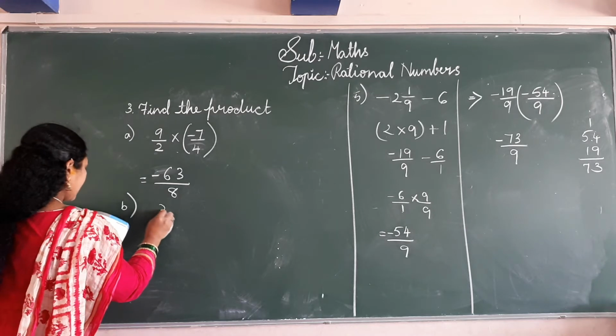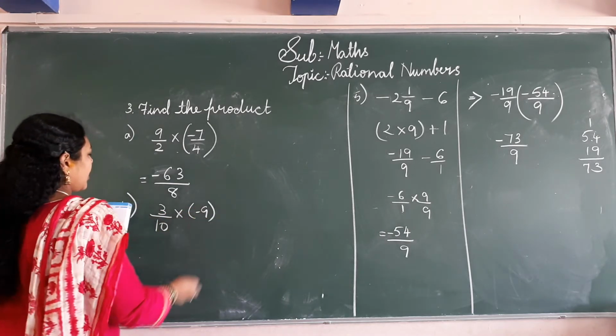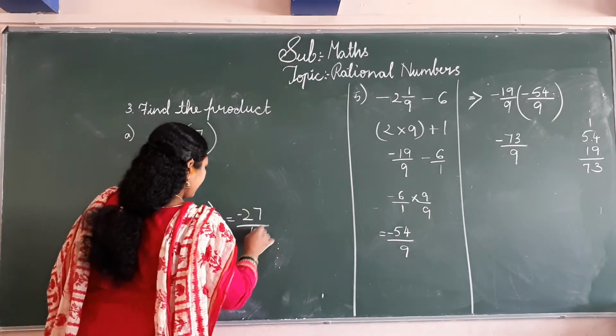B, again here it is direct. 9 threes are 27, minus 27 by 10.